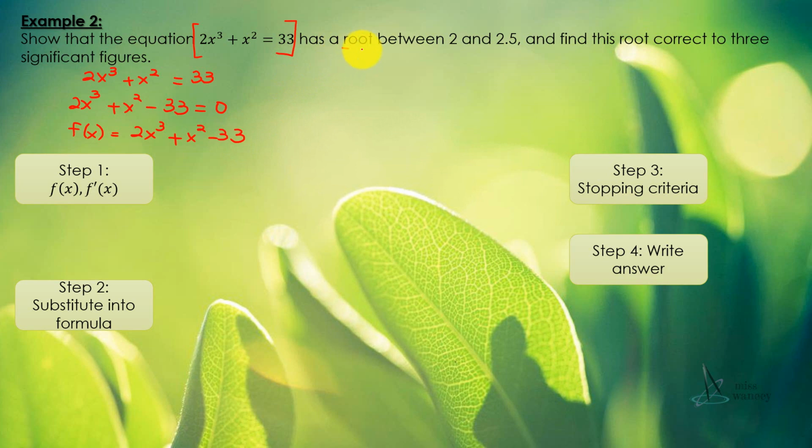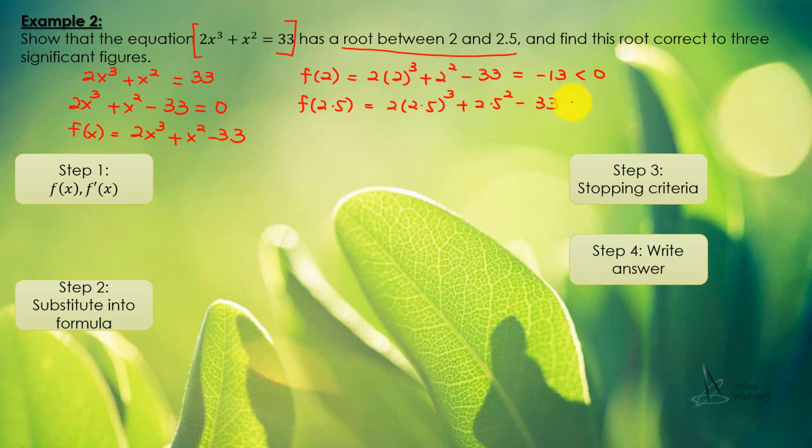Now we have to show we have a root between 2 and 2.5. So f(2) is equal to 2 multiplied by 2 cubed plus 2 squared minus 33. Using our calculator, this is equal to negative 13, which is less than 0. Then substitute 2.5: 2 times 2.5 cubed plus 2.5 squared minus 33, and the answer is 4.5, which is greater than 0.